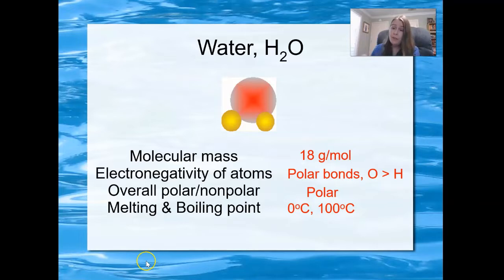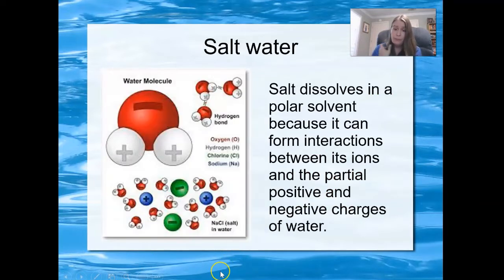So one of the things we're going to do is dissolve salt in water. And salt is an ionic compound, sodium chloride. And salt dissolves in polar solvents like water, largely because it can replace the interactions that were between the ions with interactions between the ion and the solvent.